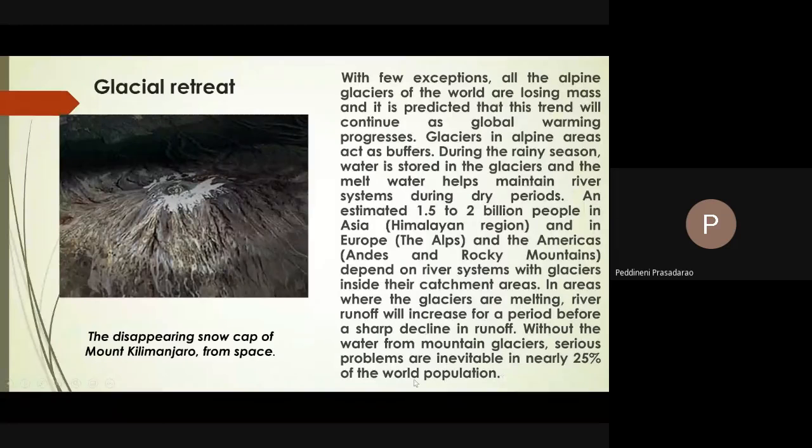Nearly 25% of the world population will be affected because of this disappearing of glaciers. The slow glacial retreat is responsible for this, maybe in your Himalayas, Alps, and also the Andes and Rocky Mountains. All these are affected by this.